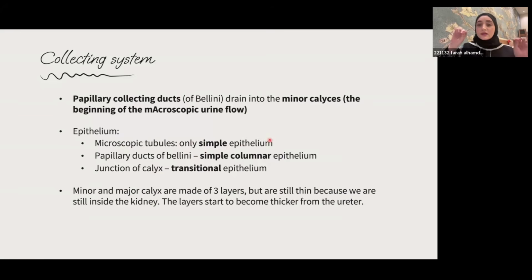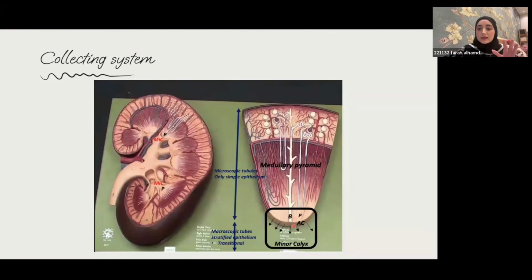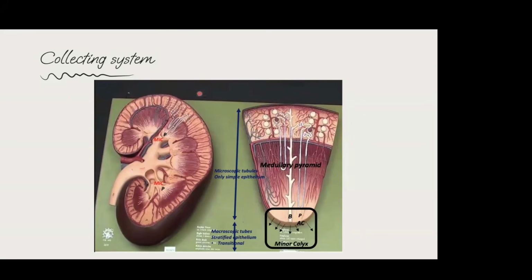And the papillary collecting ducts, we have also simple, but it's columnar. Why columnar? Can anyone guess why we have columnar at the collecting duct of Bellini? Why is it like a longer cell than the other cells, the cuboidal and squamous? Why do we have longer cells here? For the reabsorption of the water.